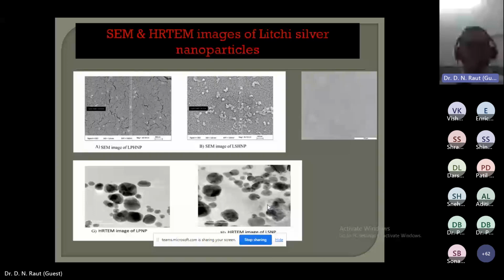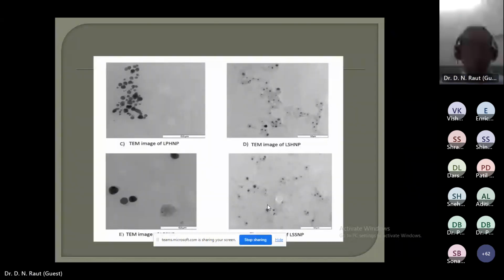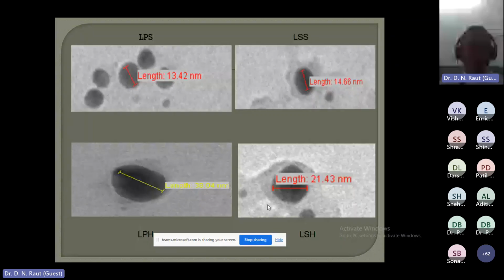Another method you can use to confirm the formation: this is the figure of TEM images for the heating method and the TEM images for the others. These are very fine images taken at high resolution to check the general particle size. In the case of the zeta sizer we use the average particle size.